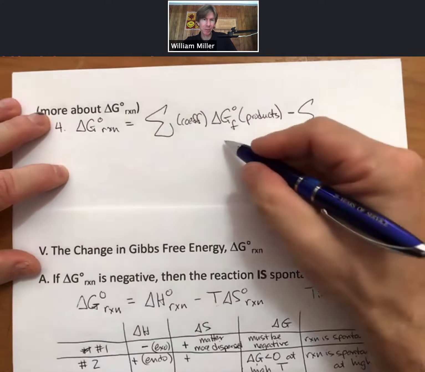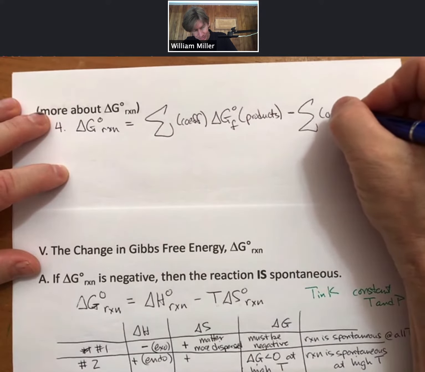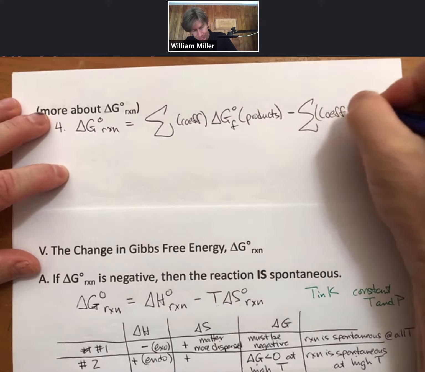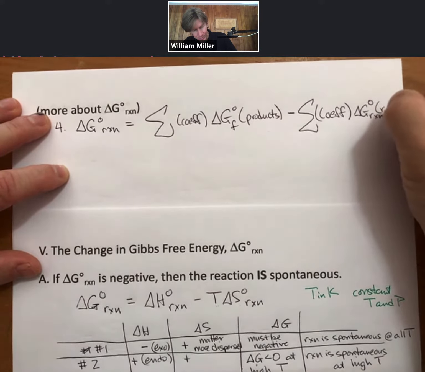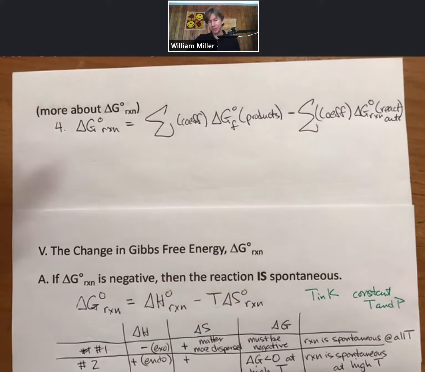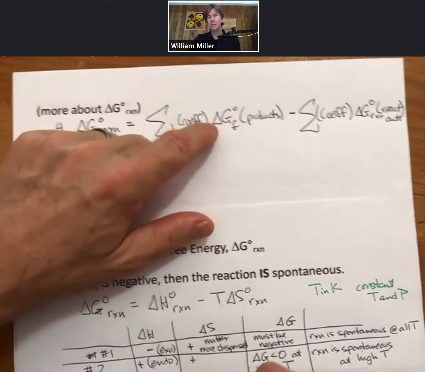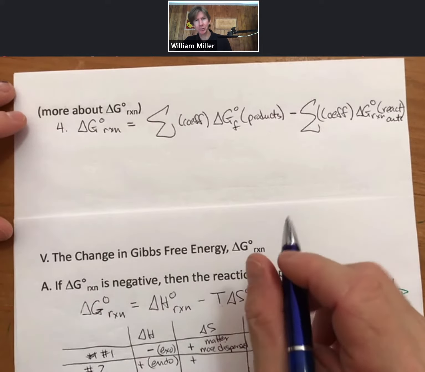Do the same thing and subtract off the reactants. And the values for delta G of formation are tabulated right next to the delta H and the S values on your conversion and equation sheet.